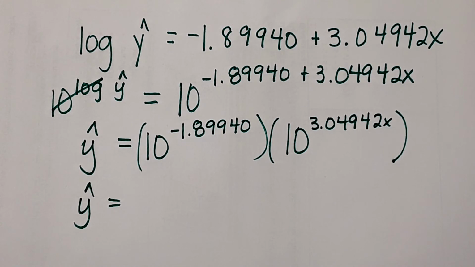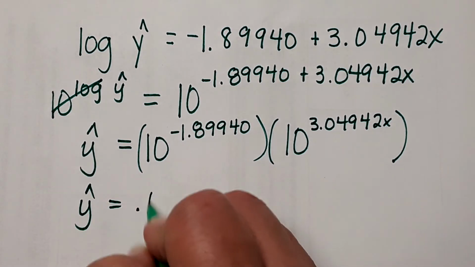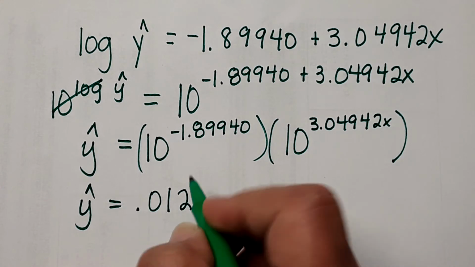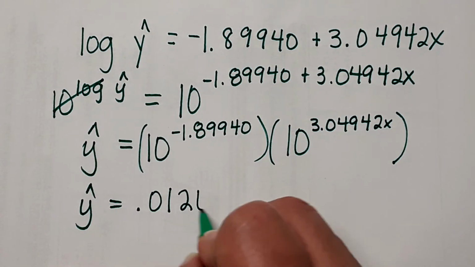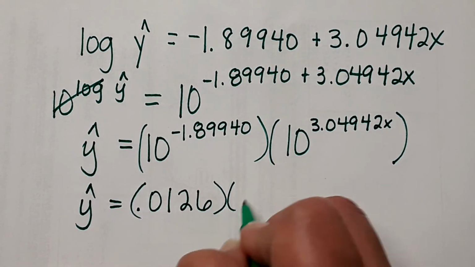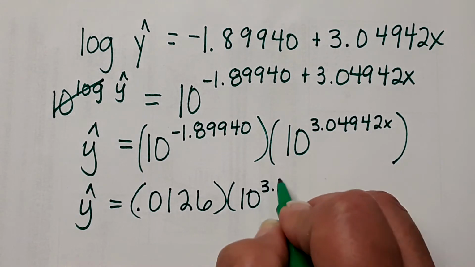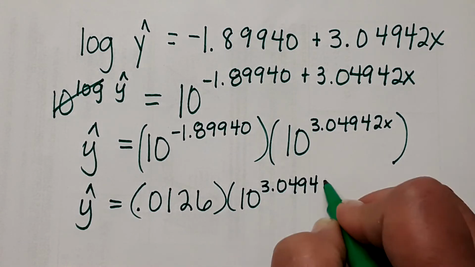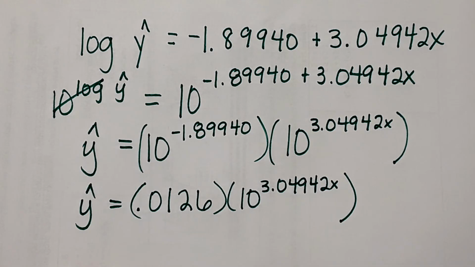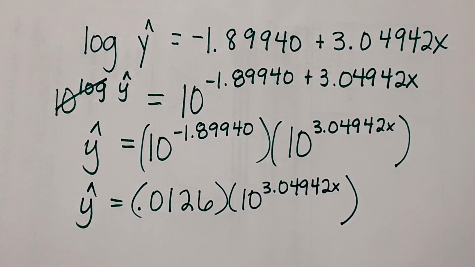So I'm going to do 10 raised to the negative 1.89940. And then that's your equation, okay?